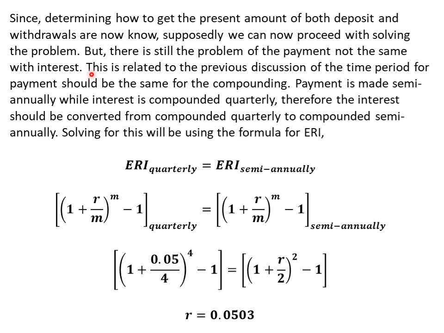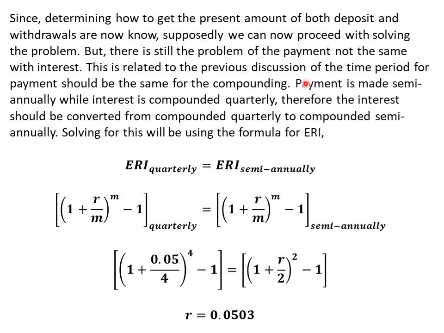So, this is related to the previous discussion of the time period for payment should be the same for the compounding. So, again, basta annuity gani, recall, your payment should always be the same with your compounding. So ang period sa imuhang payment should always be the same kung unsa imuhang compounding.